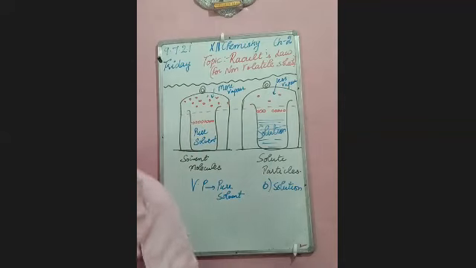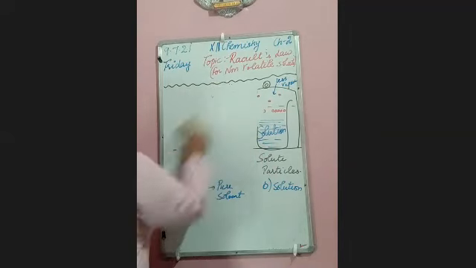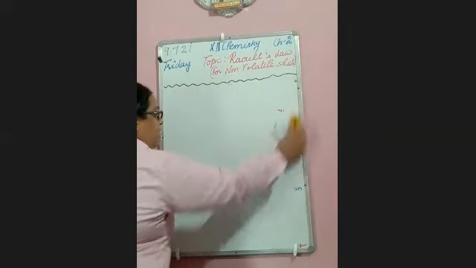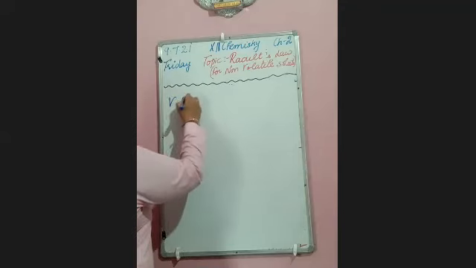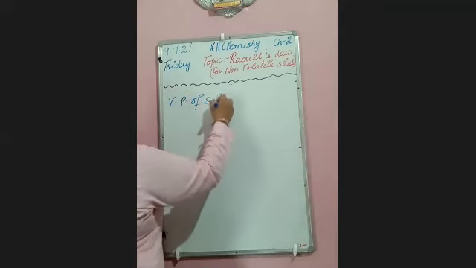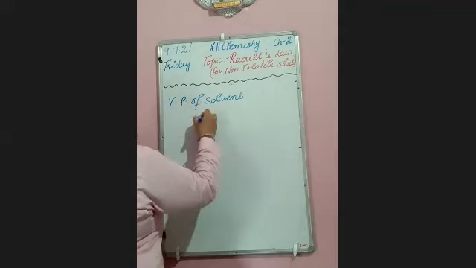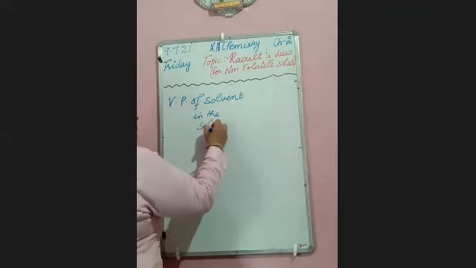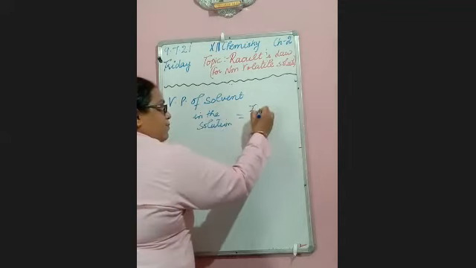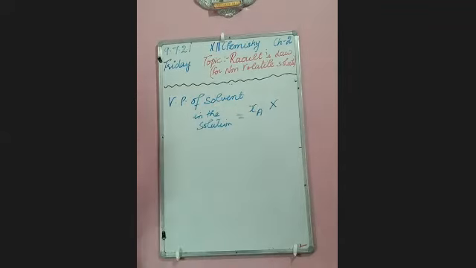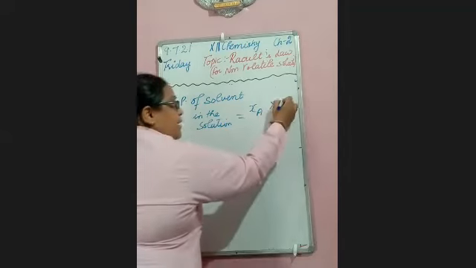So mathematically, according to Raoult's law, the vapor pressure of solvent in the solution will be equal to the mole fraction of solvent into the vapor pressure of pure solvent.